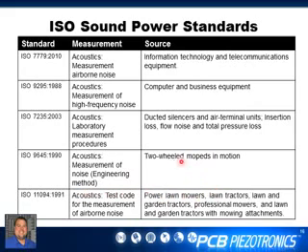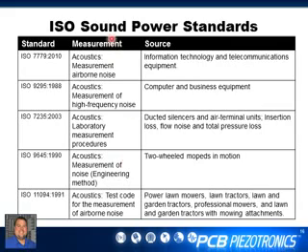So you see lawnmowers, two-wheeled mopeds, ducted silencers for HVAC, computer and business equipment, and then IT equipment. These two overlap a little bit in some areas. But these actually are governed straight up by the ISO Acoustics Committee.